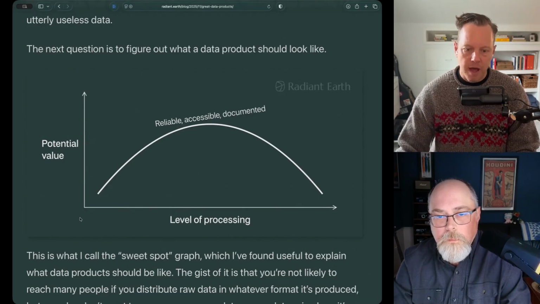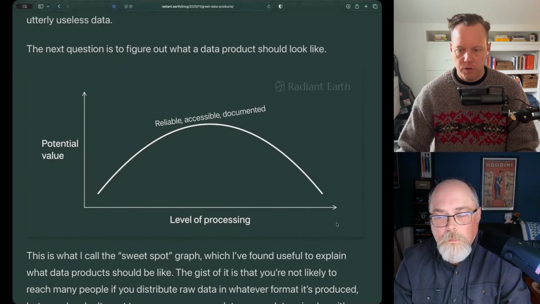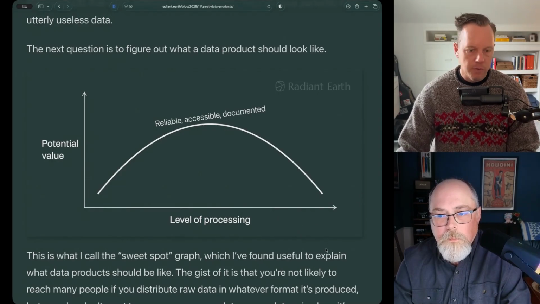You can spend a lot of money sorting through the data, processing it, creating an interface, doing user testing to create a tool that helps you understand mudslide risk. You've gone over this huge arc where you spend a ton of money, but then the potential value of the data is diminished again.